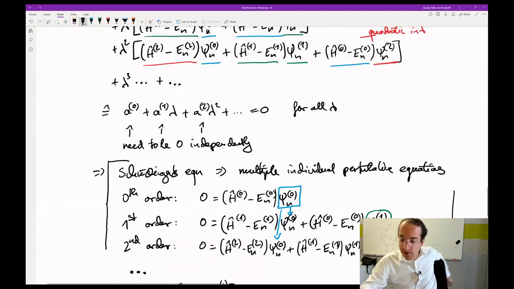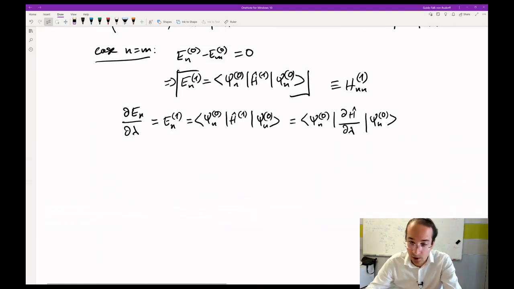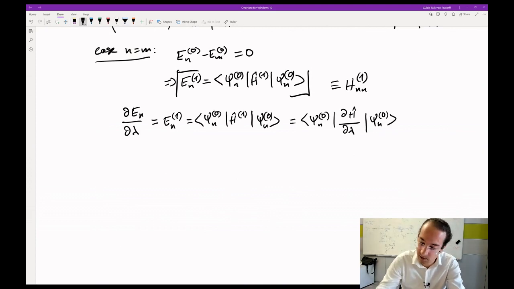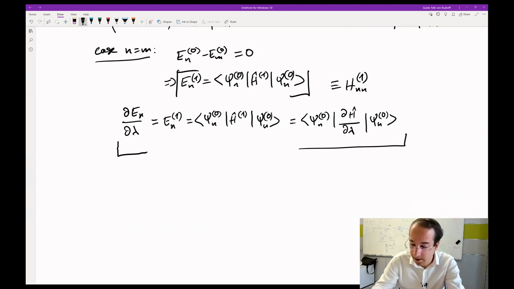That means that here we can do the reverse substitution, and this expression over here, so this one and this one, that's the Hellmann-Feynman theorem, or the electrostatic theorem if you look into old books.